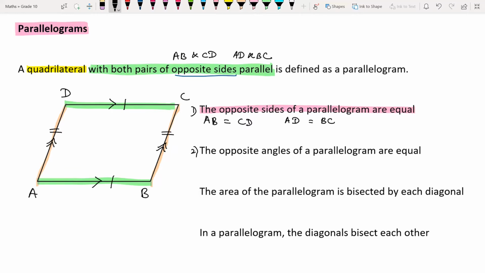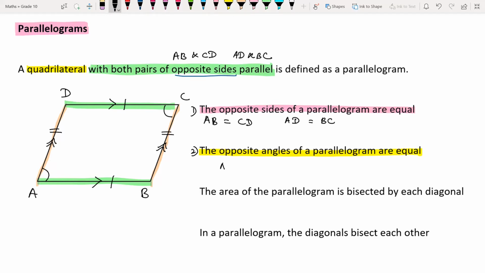Then the next point. The opposite angles of a parallelogram are also equal. So what are the opposite angles here? Right, now if you consider this angle and this angle, these are opposite angles. So these two angles are equal in magnitude.